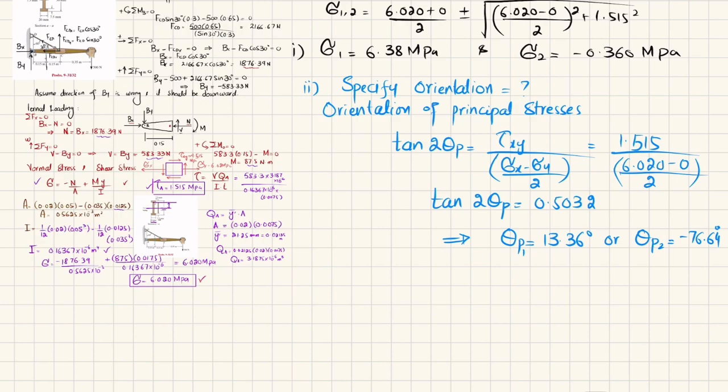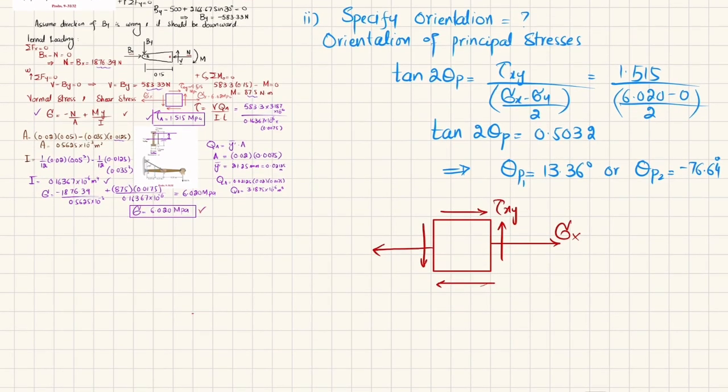So let me show you that this was the original element having normal stress sigma x in this direction. That was sigma x and tau of xy like that. This was tau of xy. Clear? And we have found this plane. So this was the initial x-axis, this was the y-axis.